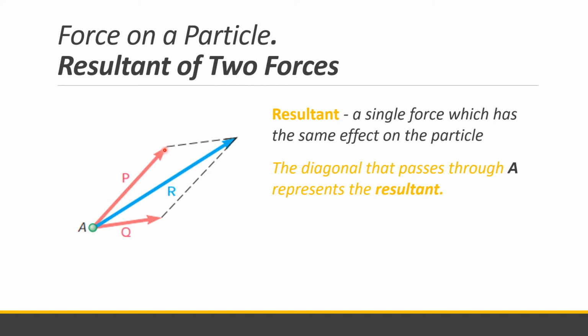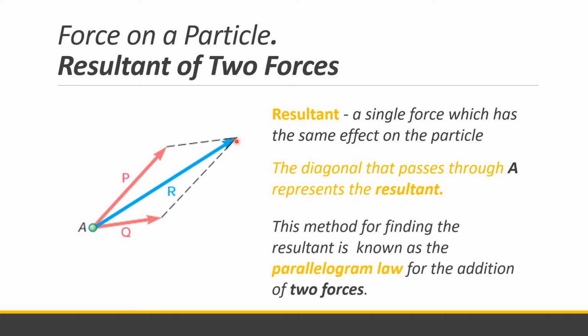So if you are to create a parallelogram na ganito, so yung from point A, passing point A to the other corner of the parallelogram, yun yung resultant ng P and Q. So this method of finding a resultant is also known as the parallelogram law for the addition of two forces.